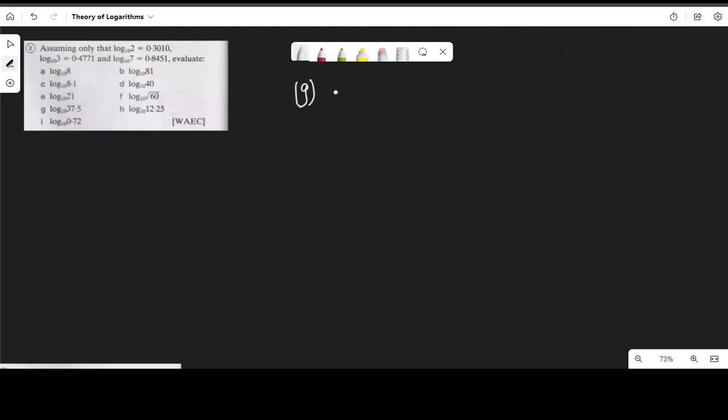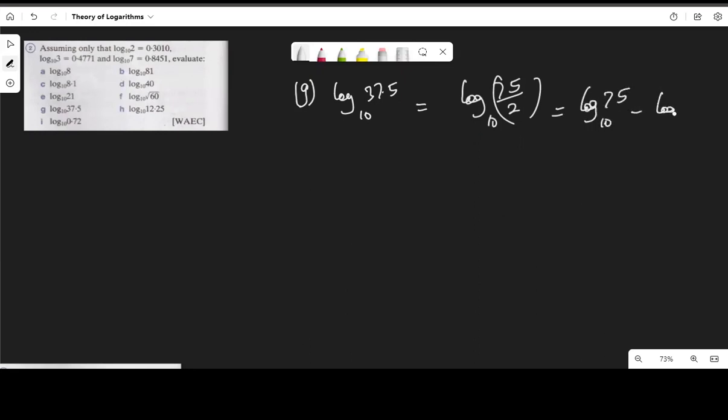For question G, we have log 37.5 to base 10, which you can write as log 75 over 2, because 75 divided by 2 is 37.5. So if I write this as 75 over 2 to base 10, that will be log 75 to base 10 minus log 2 to base 10.